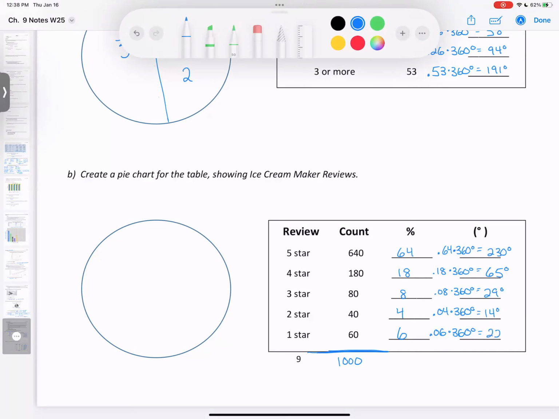Okay, so these are the number of degrees I get for each category if I round to the nearest degree, and then I'm going to do a quick check and make sure they add up to at or nearly 360 degrees, and I'm at 359.6 degrees, so that makes sense. I guess it should be 360 degrees, I think.